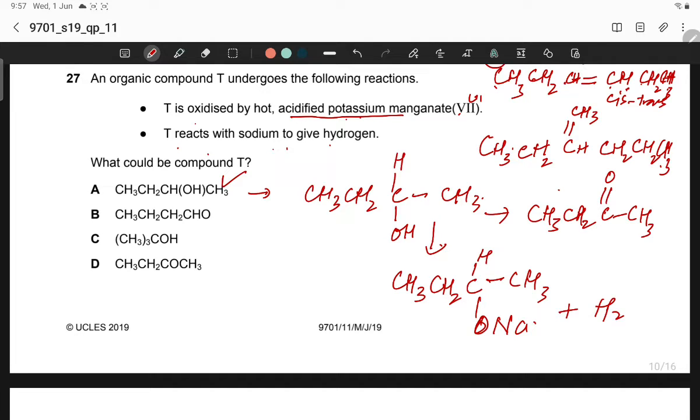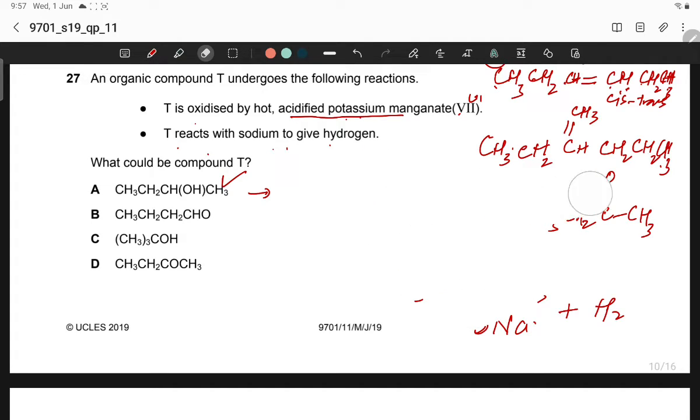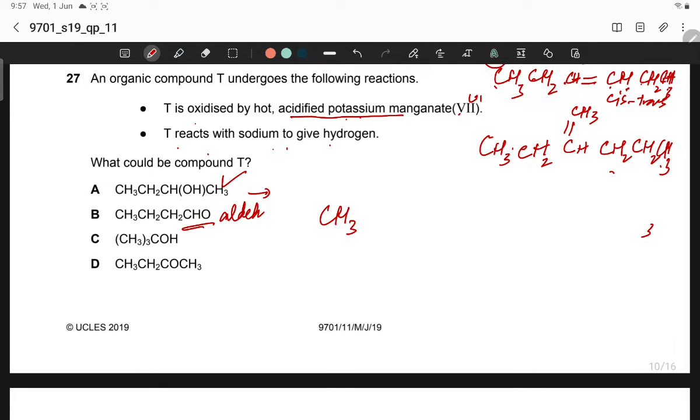So the next compound is CH3. This is an aldehyde and it gives 1, 2, 3, 4 butanoic acid, CH3 CH2 CH2 CO2H, and butanoic acid will not react with sodium to give hydrogen gas.